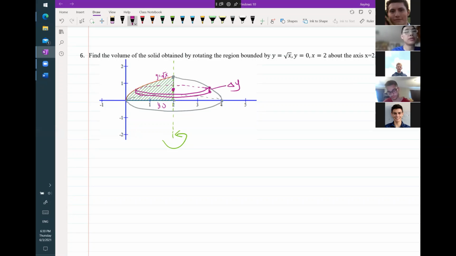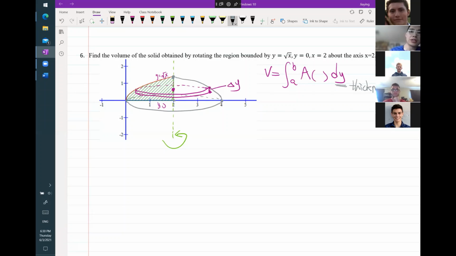And is the hint here that x equals 2? Or so again, what's the hint that we're using delta y? That will tell you that when you find the volume, you integrate from a to b, and then you're going to have a dy in that integral, not a dx, because this part is the thickness.